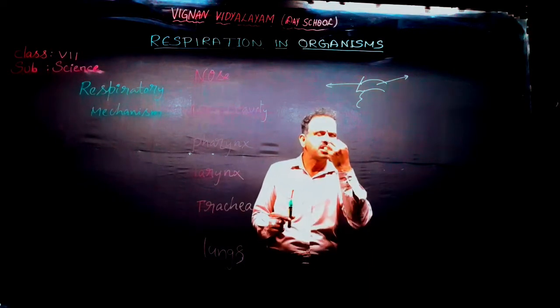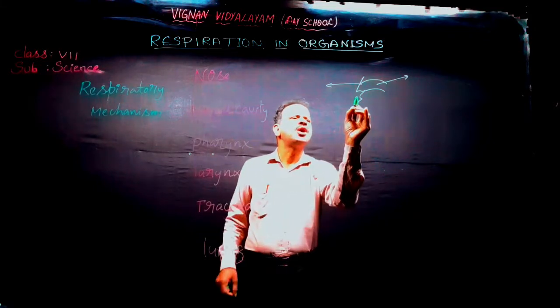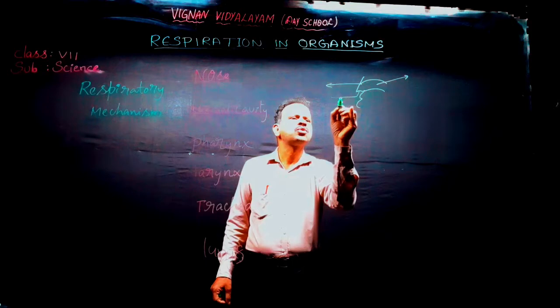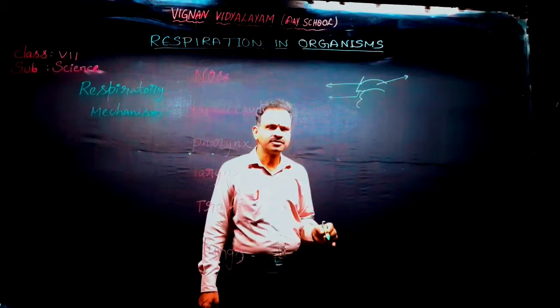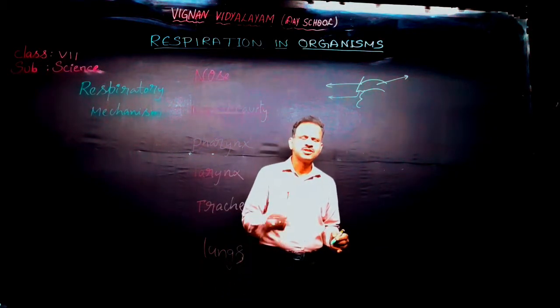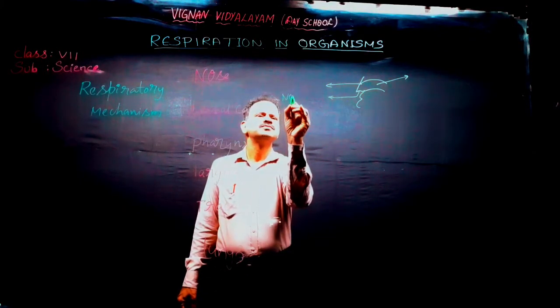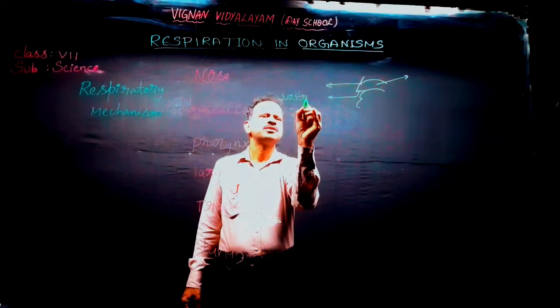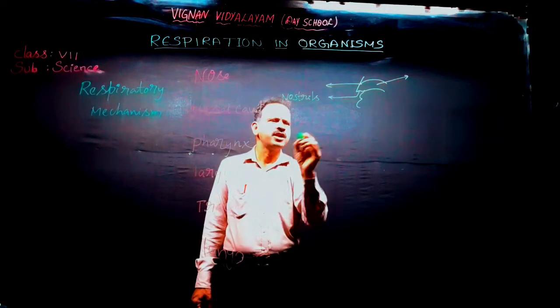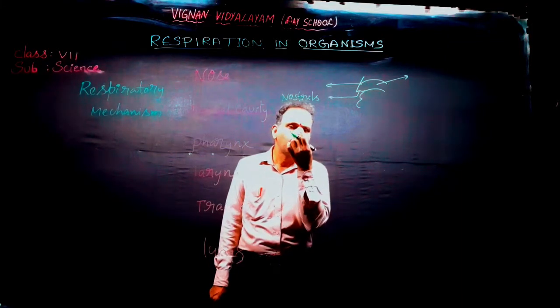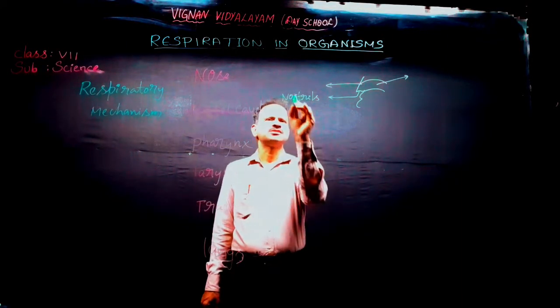So this nasal cavity opens outside through two holes. These openings are called nostrils.